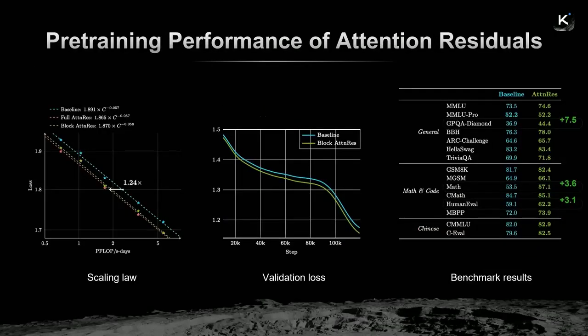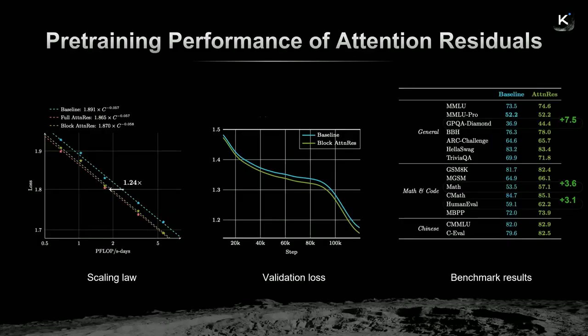And these are some of the impressive results that we achieved on this new architecture. On the scaling law, we can improve the token efficiency by 24%, meaning that if you have 50 trillion high-quality tokens, now you just magically have over 60 trillion tokens.